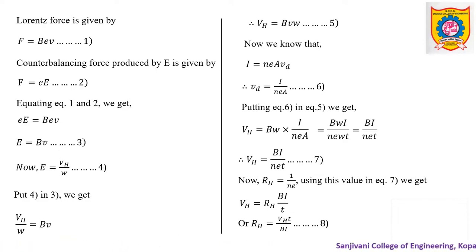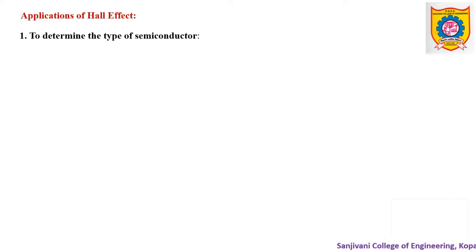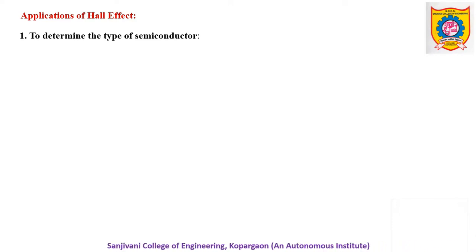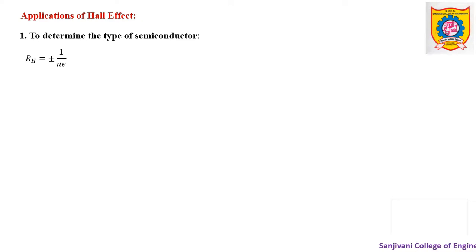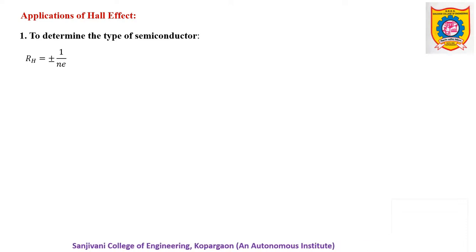Now let us turn towards applications of Hall effect. The first application is to determine the type of semiconductor. That means we can distinguish whether the semiconductor is P-type or N-type by recalling the formula of RH, which is plus or minus 1 upon Ne. If we get the value of RH as positive, it means that the type of semiconductor is P-type, because positive sign is for positively charged charge carriers, which are holes.